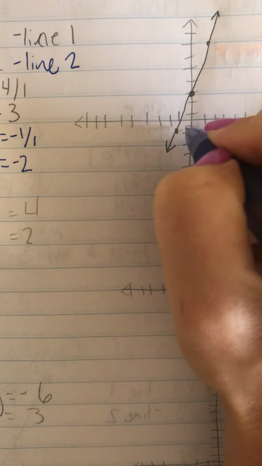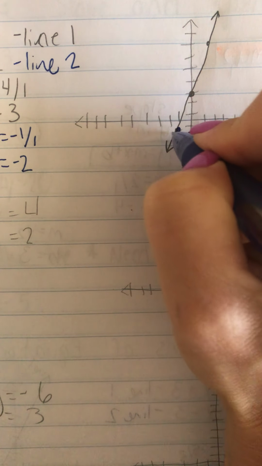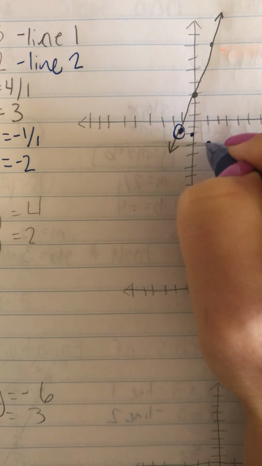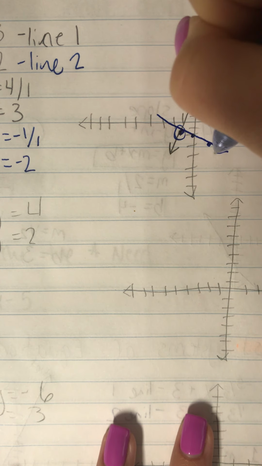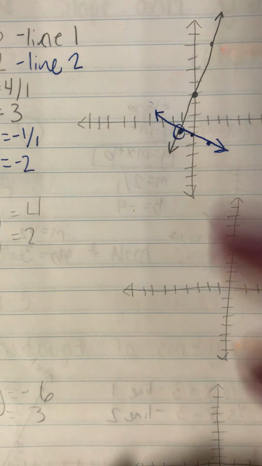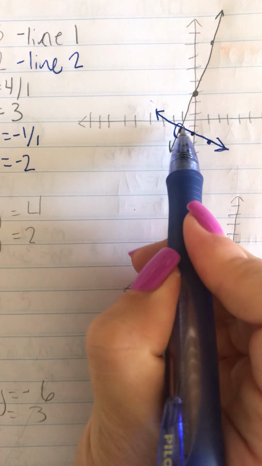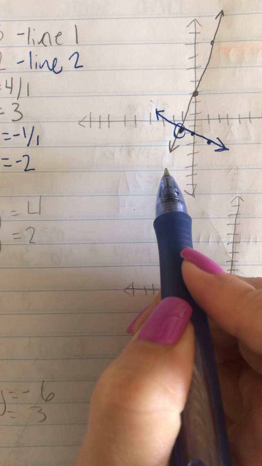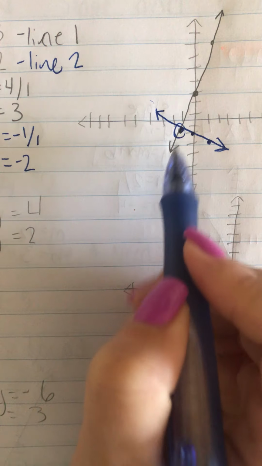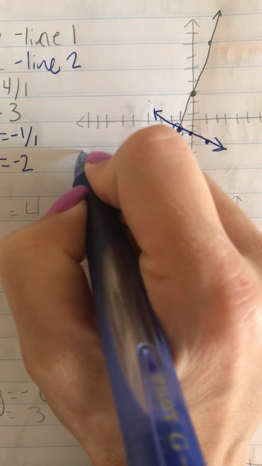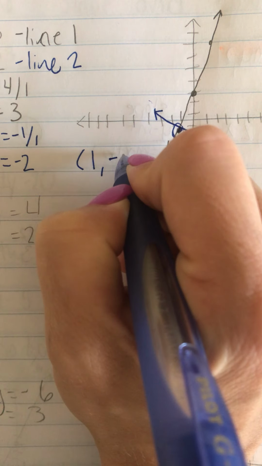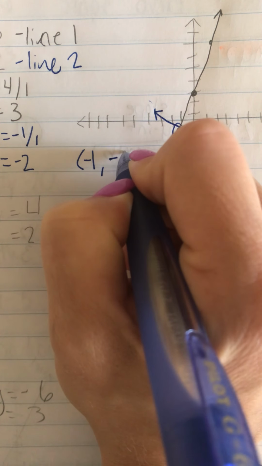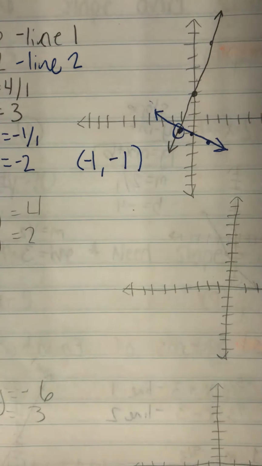So I'm going to go up and to the left. Oh, there we go, found it. And down and to the right. Connect your dots for your second line. So my final answer, which is my intersection point, was 1, negative 1. No, negative 1, negative 1. Oops.